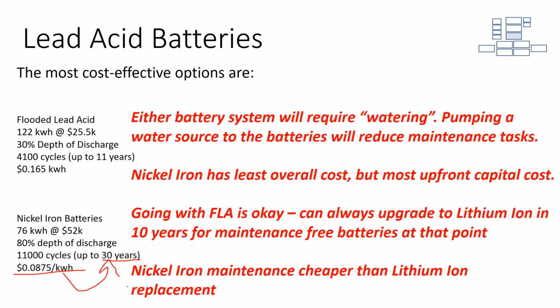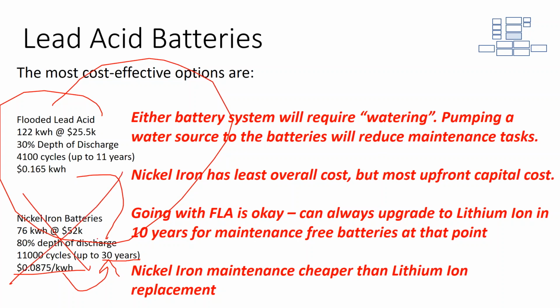Also, the cost of batteries are plummeting. And while cheap lithium ion is not on the market today, it should be on the market 10 or 15 years from now. And so he says, I'm not going to put all of my eggs in one basket. I'm going to go with the cheaper lead acid today, rather than the more expensive option that had a lower levelized cost of energy.